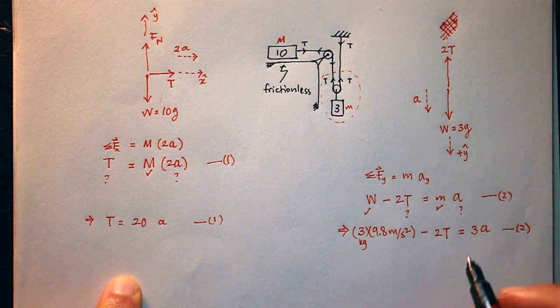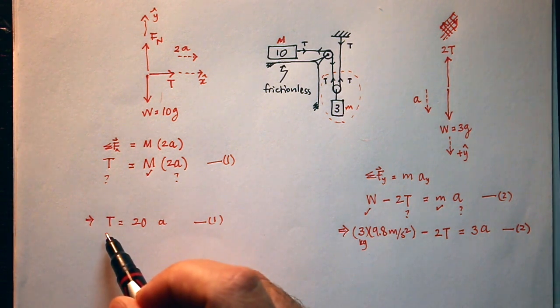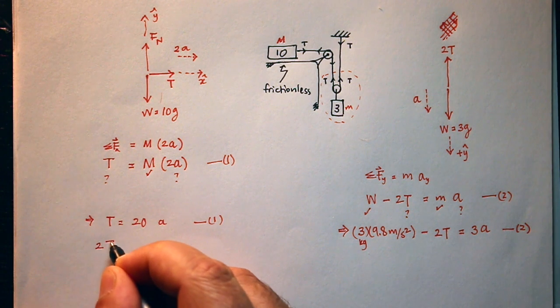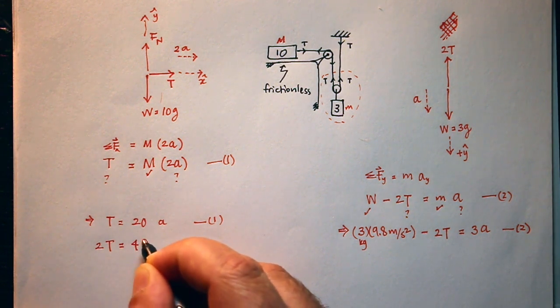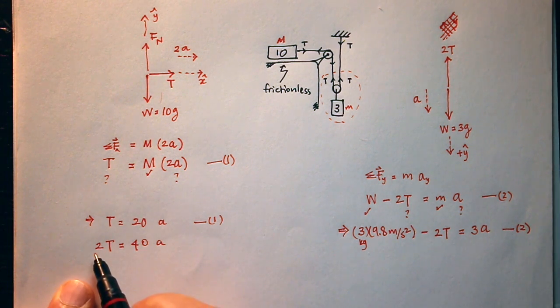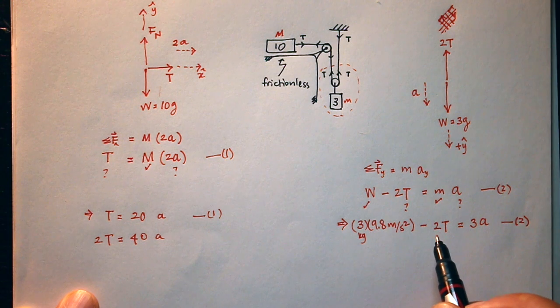So let's see. If I want to eliminate T from these equations, what I would do is I would multiply this equation by 2 and add it to this equation. In other words, I would write 2T is equal to 40A, and I would add this equation to this equation, knowing that this will have a contribution of 2T and this would have a contribution of minus 2T.